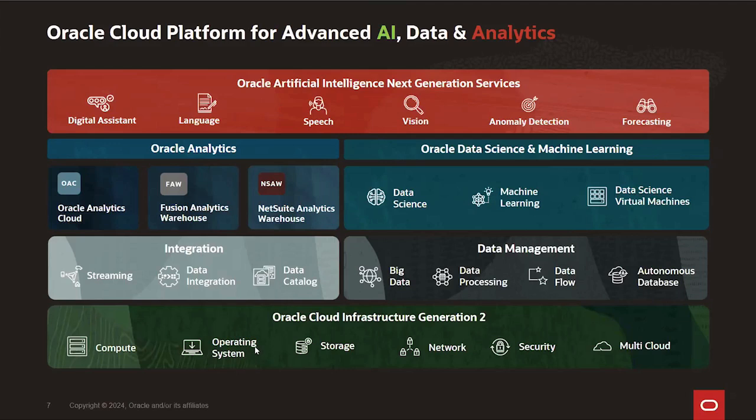In any case, you have our current infrastructure, and then we have all our integration tools. We have all our data management tools that are available for you. And then you have our specific calling out of our products within OCI, data science, machine learning, virtual machines, but basically NVIDIA based virtual machines if you choose.